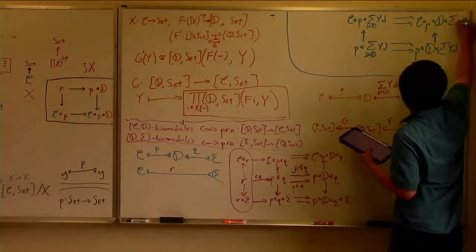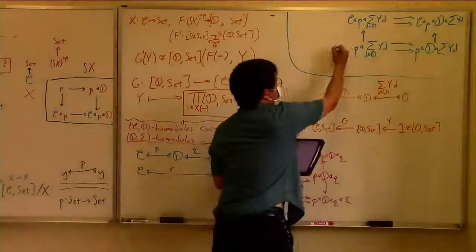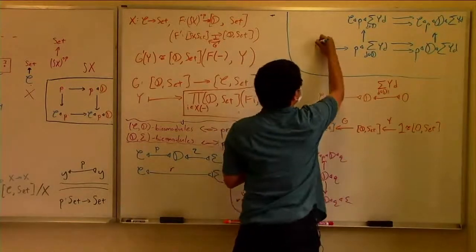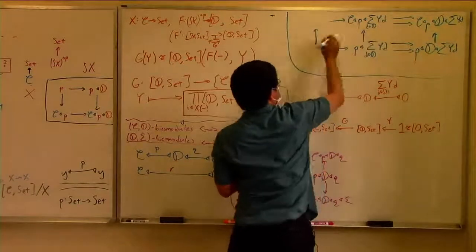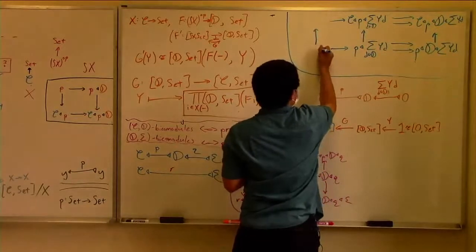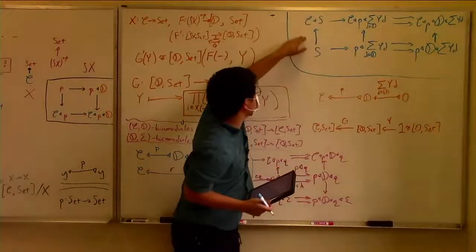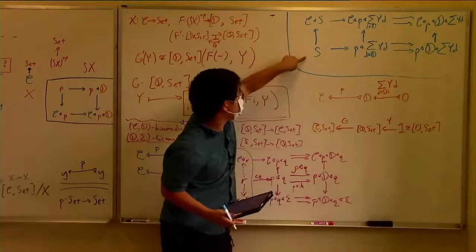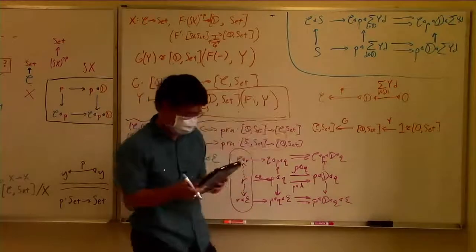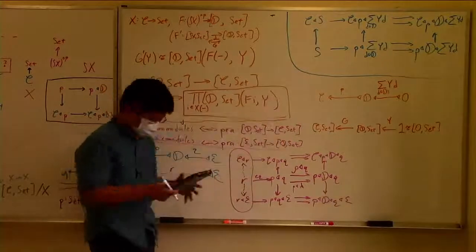This looks a little complicated, but essentially the point is we take the equalizer of these two arrows to get some set here, and then similarly the equalizer of these two to get some set up here, and I'm just going to call this set S. And then this is a C coalgebra, and so it's going to correspond to a functor from C to set. And we want to show that the functor corresponding to this is actually this functor.